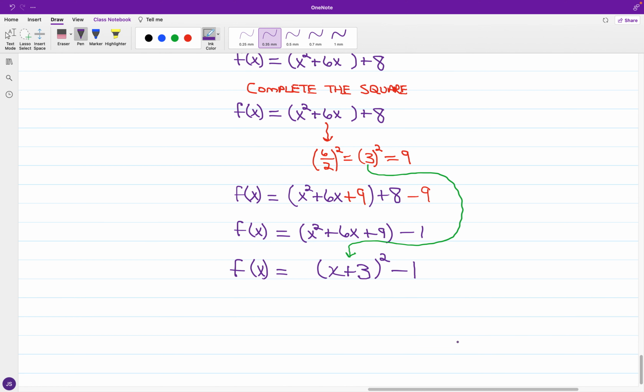So in this particular case, the vertex form is going to be the square of x plus 3 followed by the subtraction of 1.